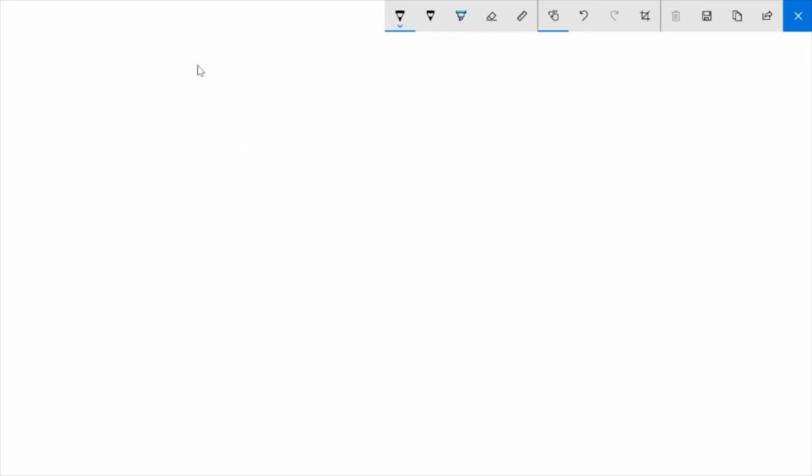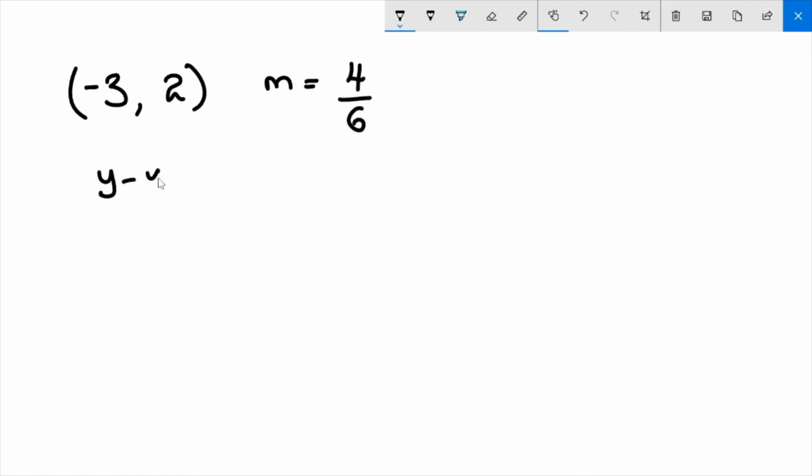The final example: you're told to write the equation of a line in slope-intercept form given the point (negative 3, 2) and the slope is 4 over 6. Same as usual, I'll say y minus y1 equals m times (x minus x1). I'll write the formula and then identify x1, y1, and m.